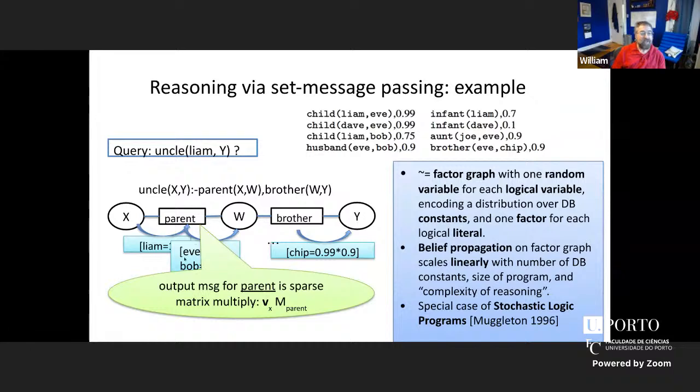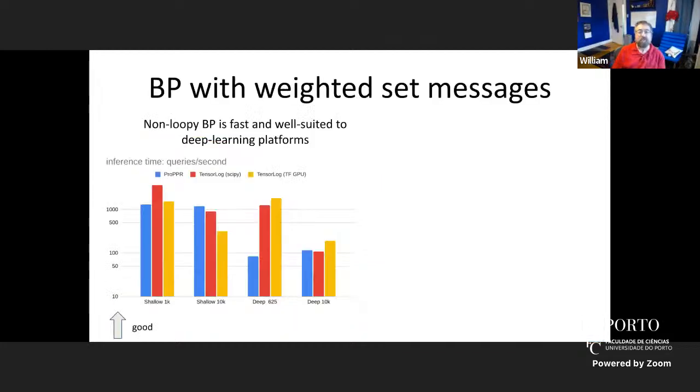If you're encoding these sets as one-hot vectors, with a long vector with one component for every database constant, the output message for parent is just a matrix multiplication. So this is very easy to implement efficiently using neural network machinery, and very well suited to implementation on various deep learning platforms.